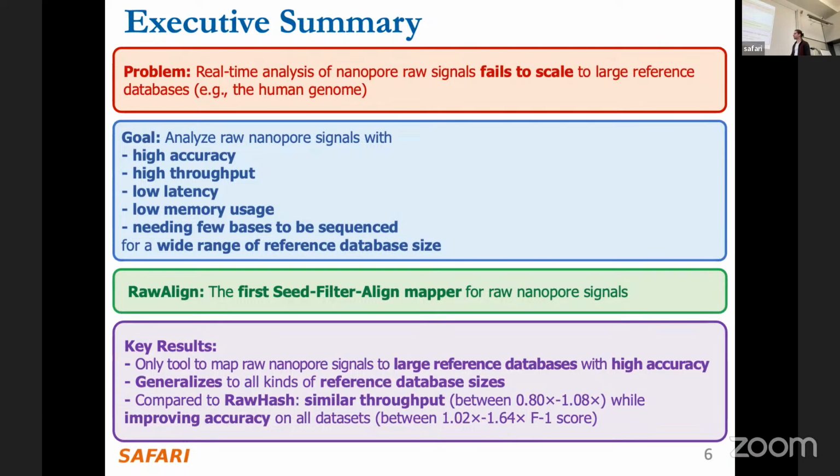In our evaluation, we observed that this is the only tool to accurately map raw nanopore signals to both large and small reference databases. It really generalizes across any data set that we tested, and it is much more accurate than the baseline RawHash, for example, because we add some algorithmic steps that improve accuracy.